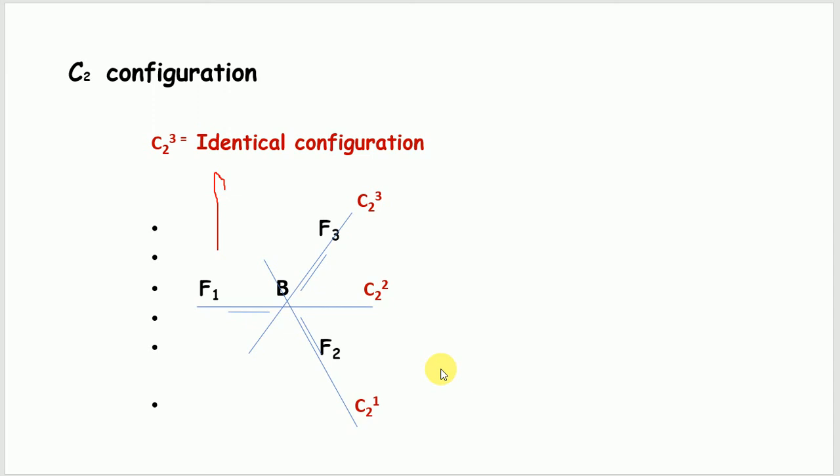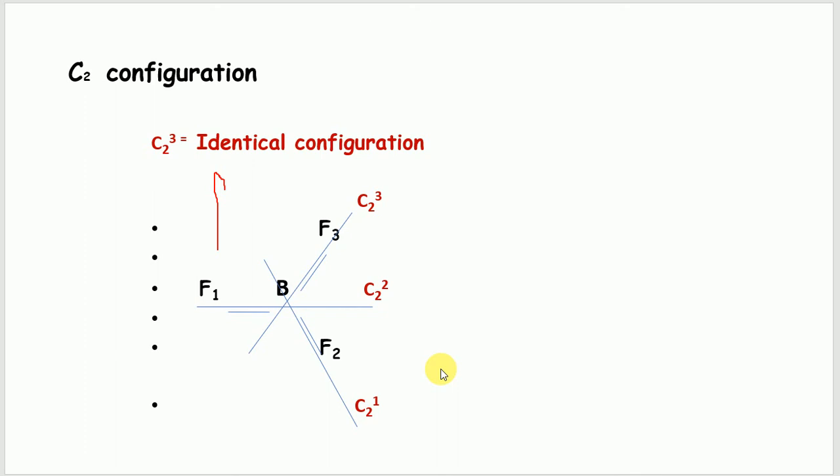If the benzene molecule is rotated through this perpendicular central axis by an angle of 60 degrees, then it will result in an indistinguishable configuration.